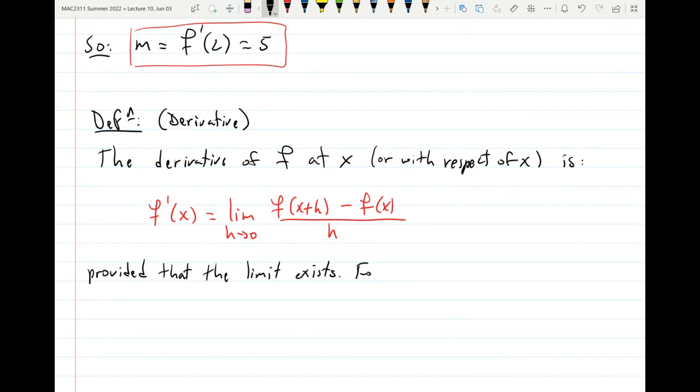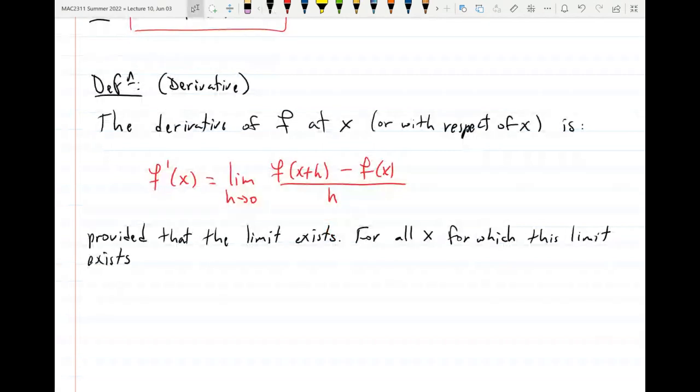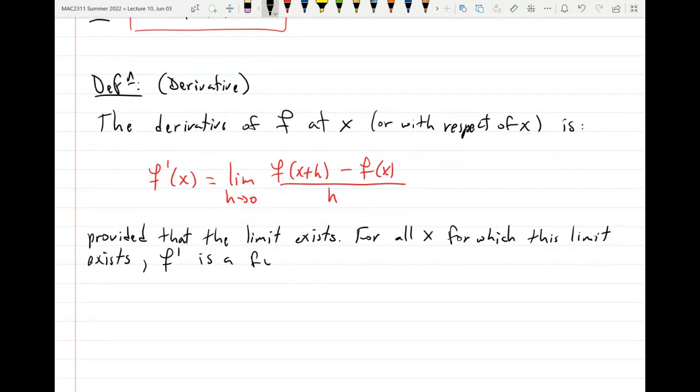So for all x for which this limit exists, f prime is a function of x.